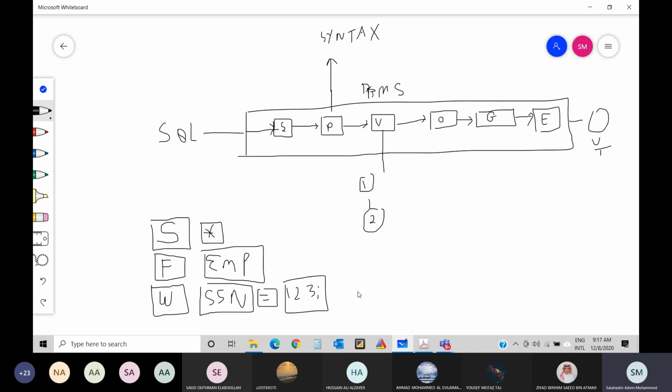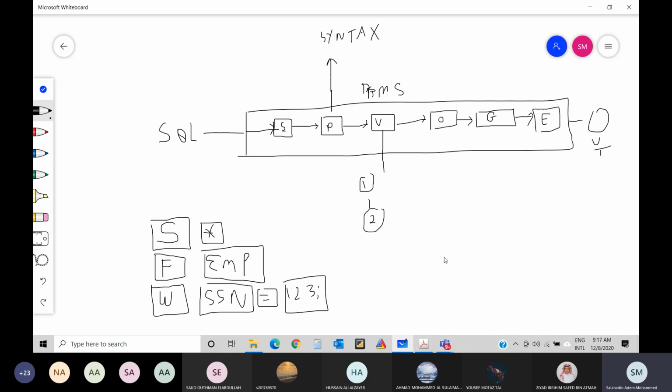But the DBMS will have more than 600 tables. So the DBMS has tables also. They call them system tables, different from the tables the user is going to create later on. So what do the 600 tables contain? They contain metadata. We talked about metadata.